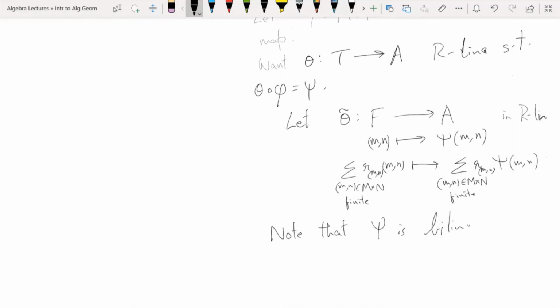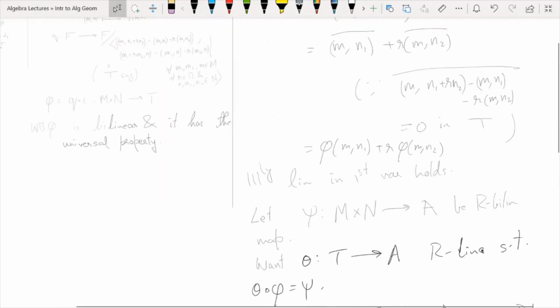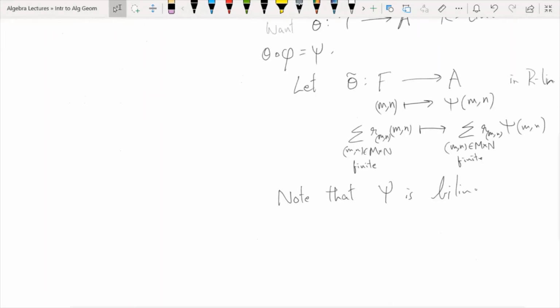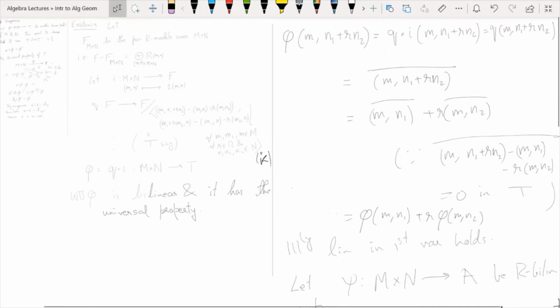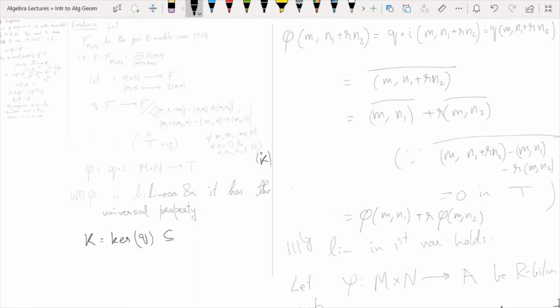So from there we will get that whatever this submodule is, I should have really given a name to this submodule. So let me give a name now. This submodule, let's call it K. Because it lies in the kernel of Q, maybe I'll write it here clearly: K is the kernel of Q contained in F.